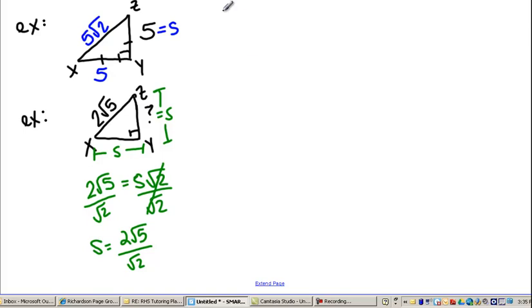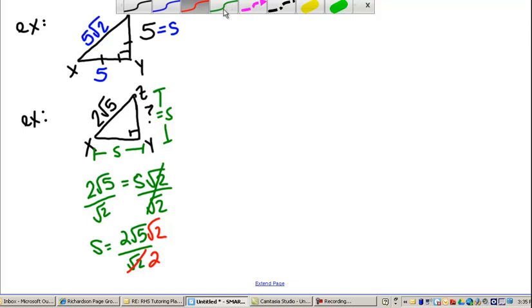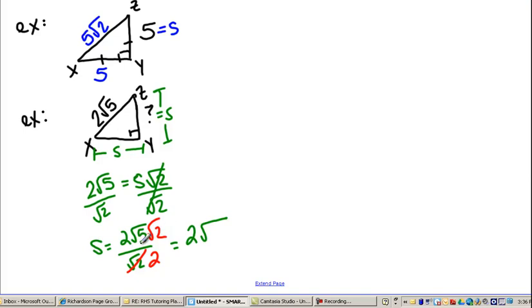So the way you get rid of it is you move the radical to the top and you just change that to 2. So watch what happens. So I've got 2. Okay, I want to put these underneath the same square root, so it's 10 over 2. Okay, you can cancel that out. So my S value is the square root of 10.